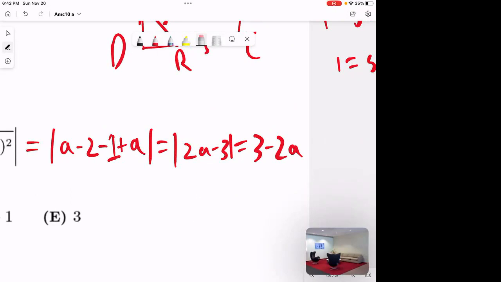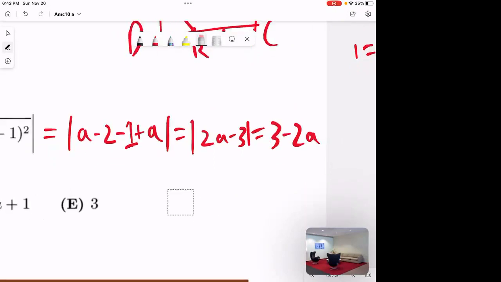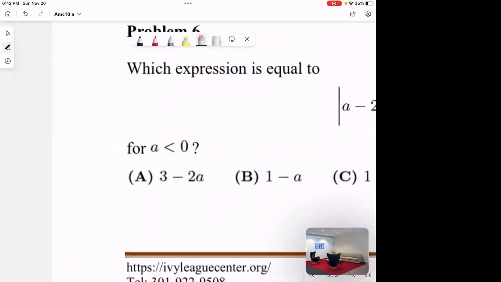But A is less than 0, so this is actually a negative number, right? Because a negative number minus another number is going to be negative. So since this is absolute value, we have to make this entire thing the negative of this because it's a negative number, which gives us 3 minus 2A. So our answer is A.